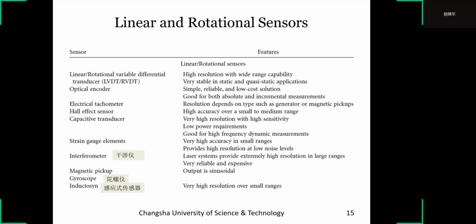Linear and rotational sensors: this is the RVDT, with high resolution and very stable. The optical encoder is simple, reliable and low cost, good for absolute and incremental measurement.